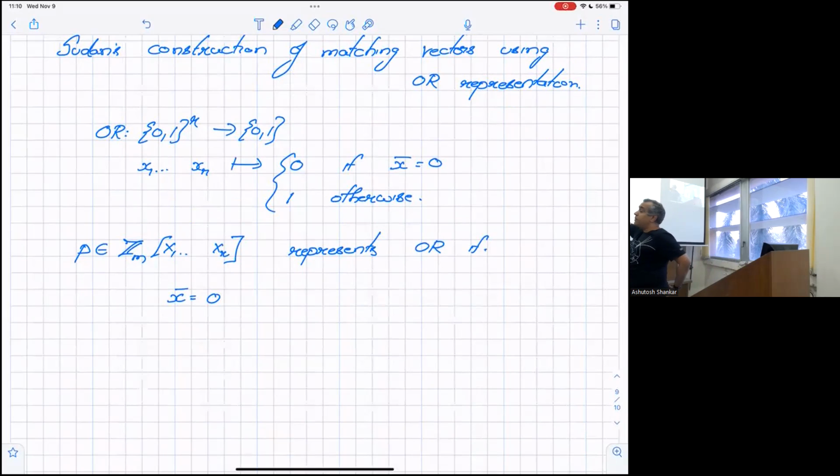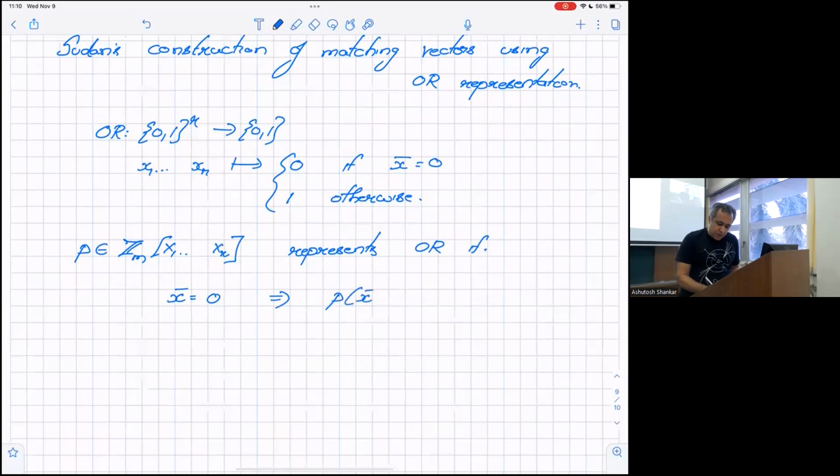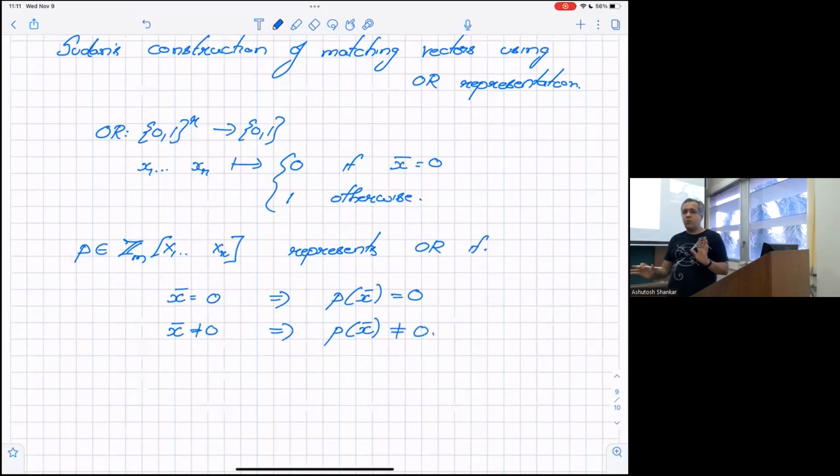Notice the polynomial is over the ring. The polynomial can take coefficients from the ring, but I'm going to evaluate the polynomial only on 0, 1 vectors. So if x bar is 0, then I must have P of x bar to be 0. If x bar is not 0, then I must have P of x bar to be not 0. That's all I want.